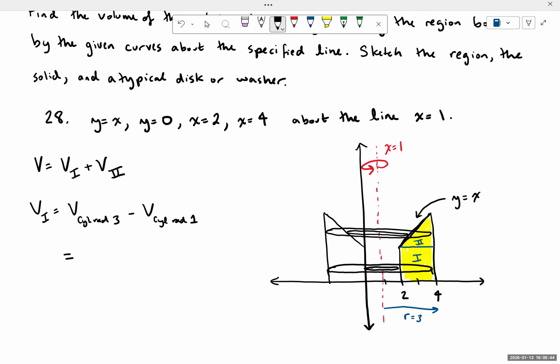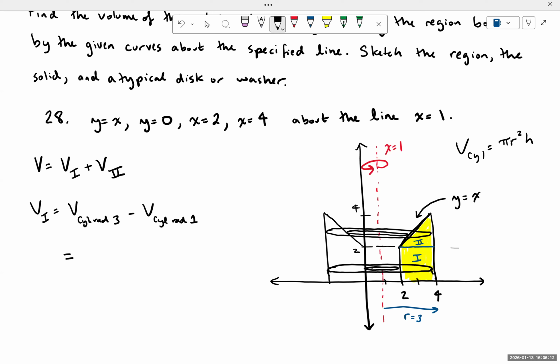And oops, what did I forget? What's the height of that cylinder? This is 2, right? Because this was 2, 4, and this is the line y equals x. So this is also 2 and 4. Okay? So the volume of a cylinder is pi r squared h.